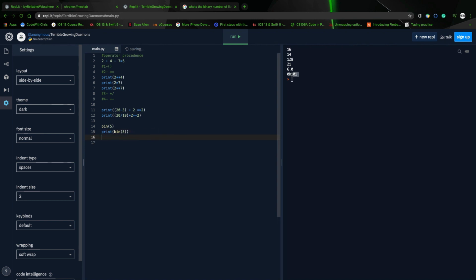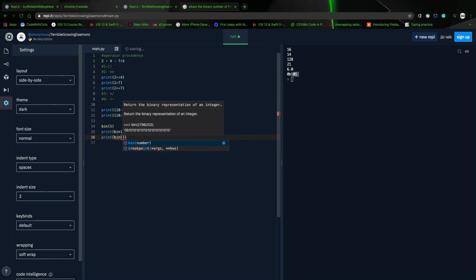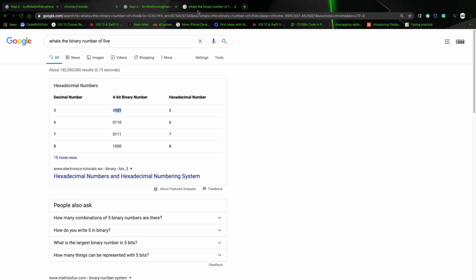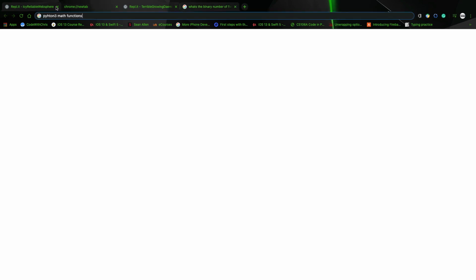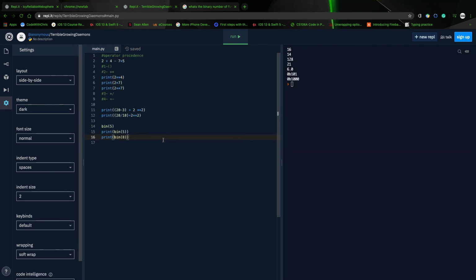Let's say print the binary number of 8, and it gives us 1000. That's what we get from here. That's pretty cool about Python, that it can also read your own binary numbers. Again, you may never use this, but it's good to know these things that you can do in Python.